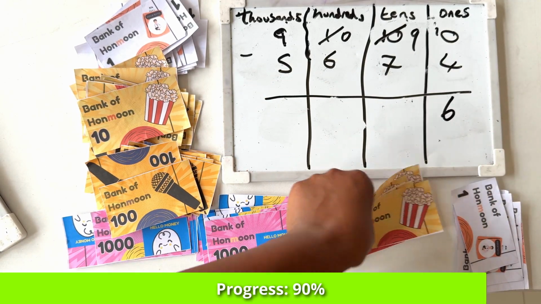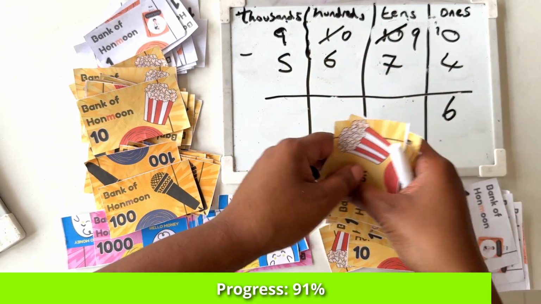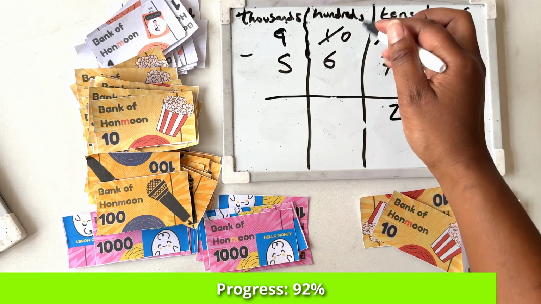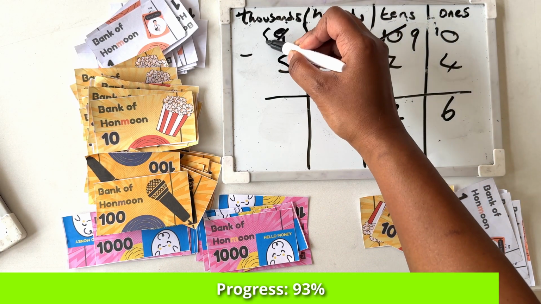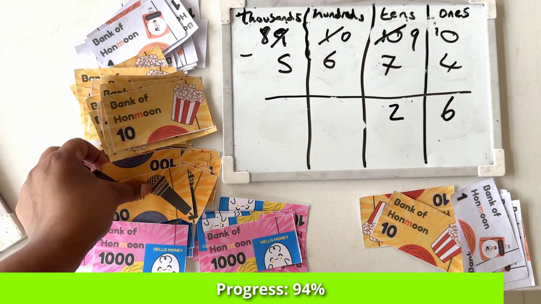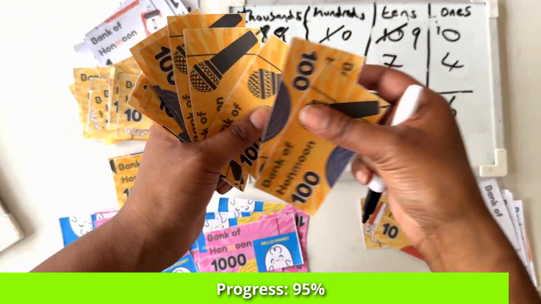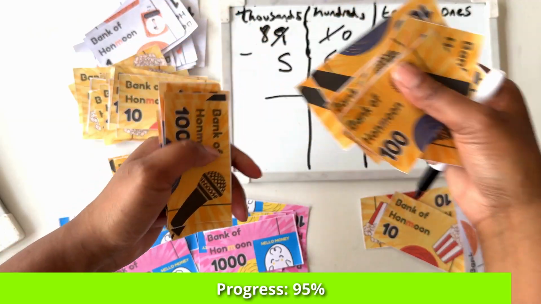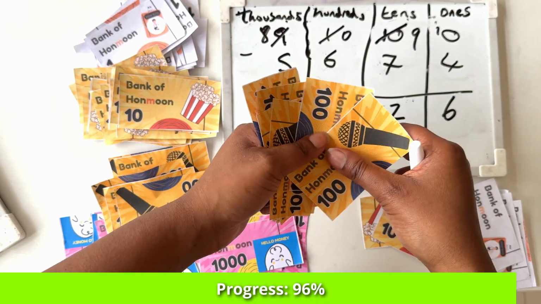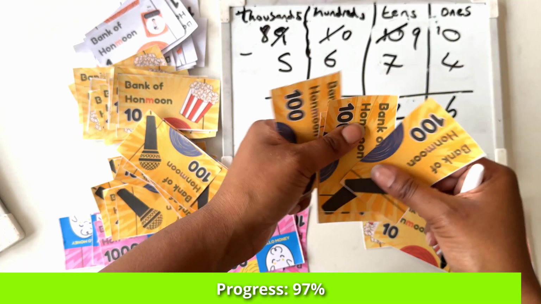Then we have 9 tens minus 7. So 1, 2, 3, 4, 5, 6, 7, that's 2. And we have no 100s because we took that one. So now we're going to take 1 1000 and swap it for 10 100s. 1, 2, 3, 4, 5, 6, 7, 8, 9, 10. 10 minus 6 should leave us with 4.